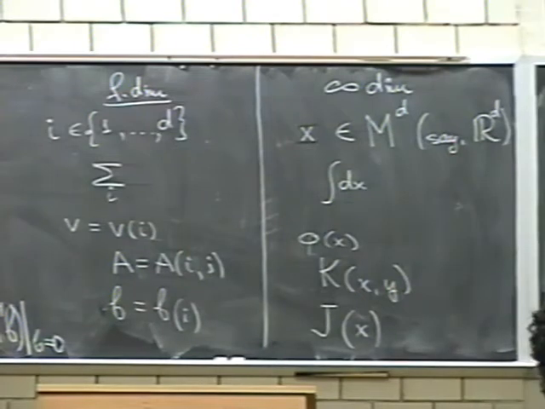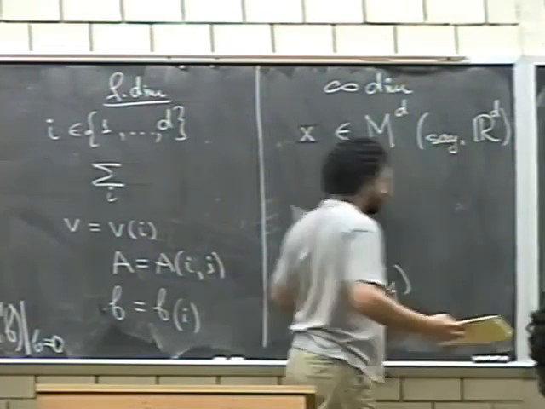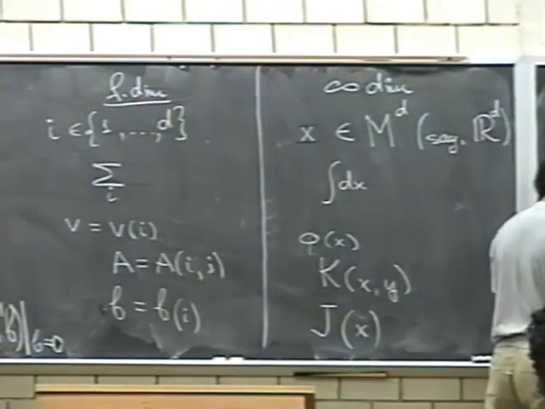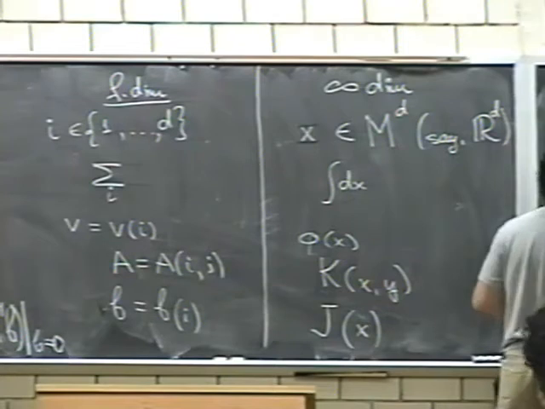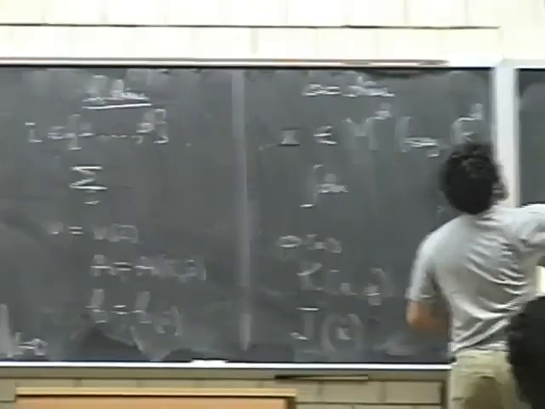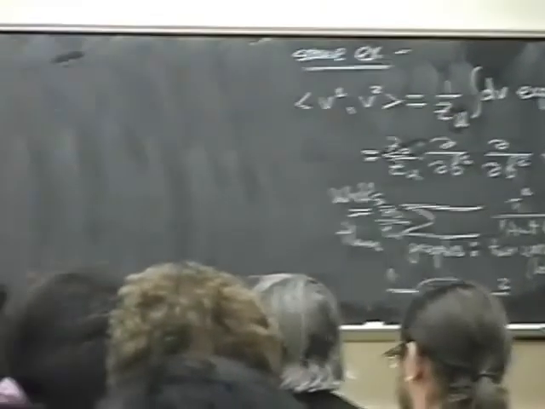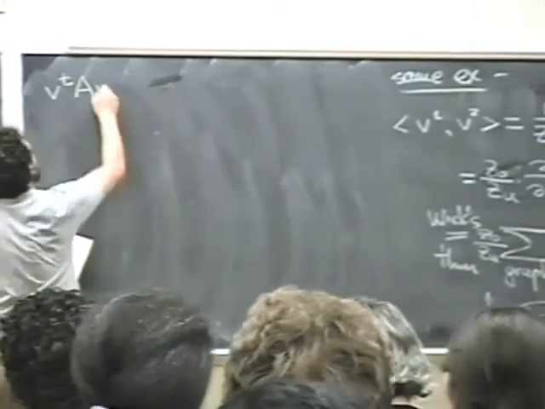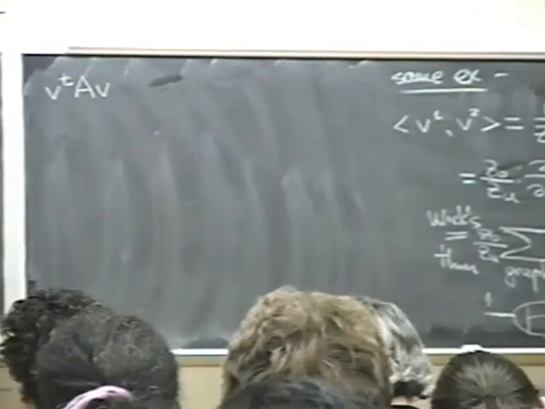Let me go on with this dictionary. So far, I just exchanged all the discrete indices. Now, what is the analog of my quadratic form v^T A v?